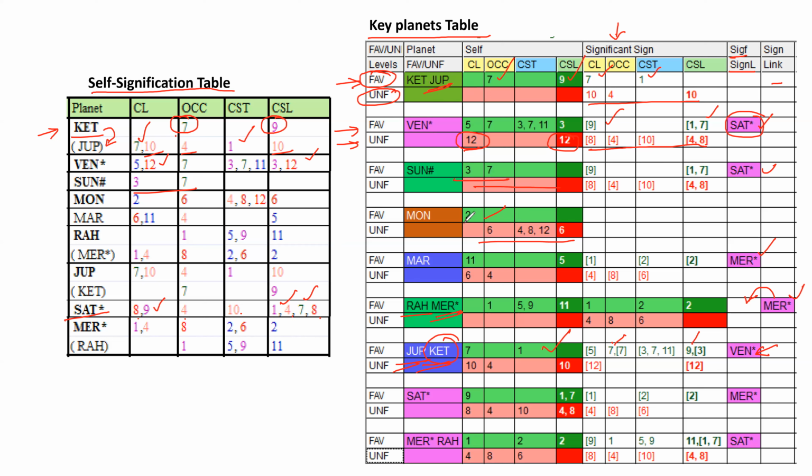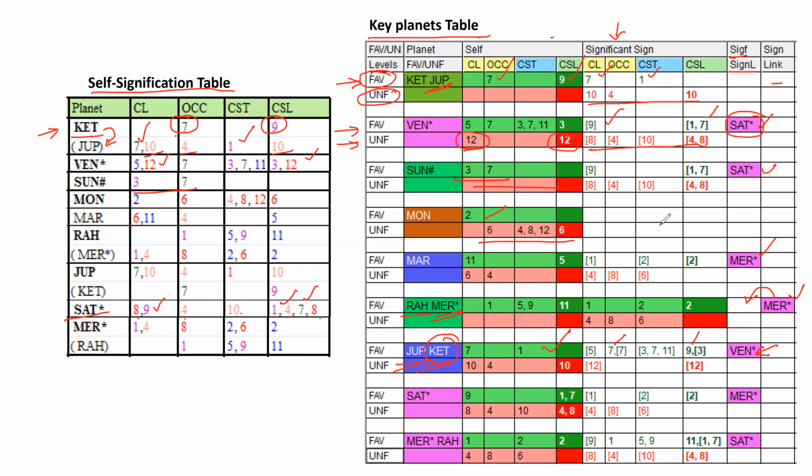In addition, you can see that the second planet Ketu of Jupiter is shown under the significant sign lord with some differentiation in the background shade. And apart from that, what is not shown here is that Venus's sign lord is Saturn. If Saturn is a significant sign lord, those houses are also shown in the significant sign lord column.